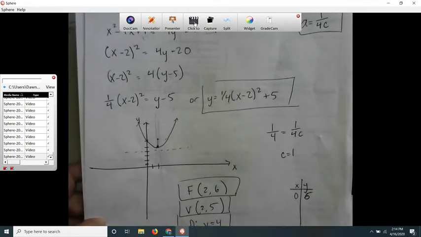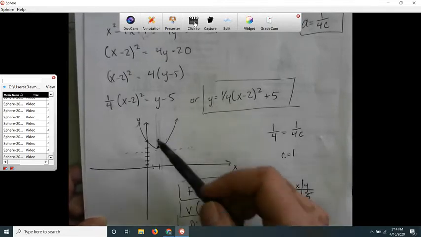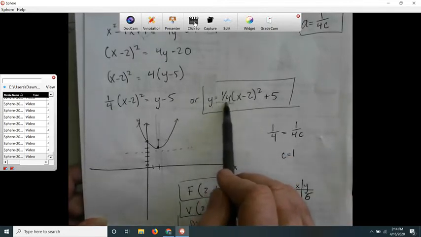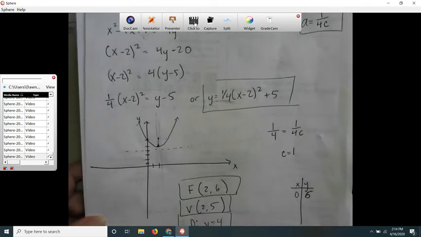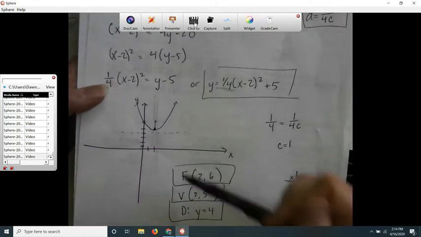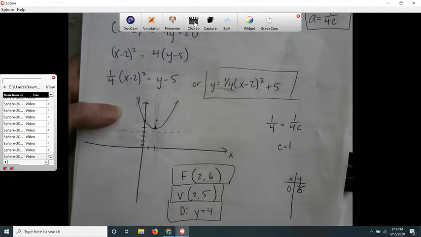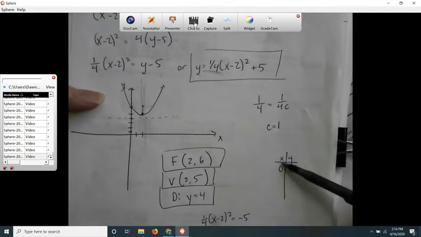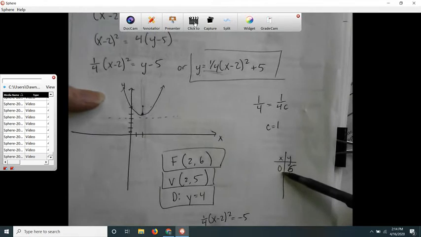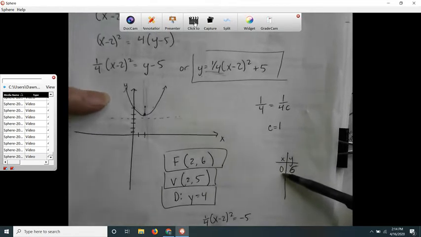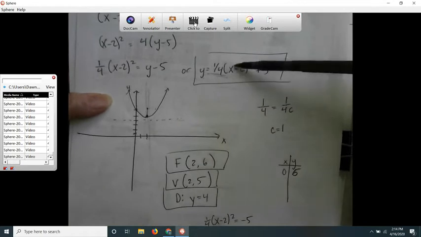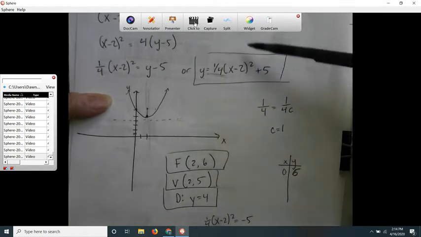I can see that the stretch factor is 1/4, but in order to graph it, I need to know a little bit more, like plug maybe 1 point in. So I tried plugging 0 in for x, just to see if that was an easy one for me to get a point.